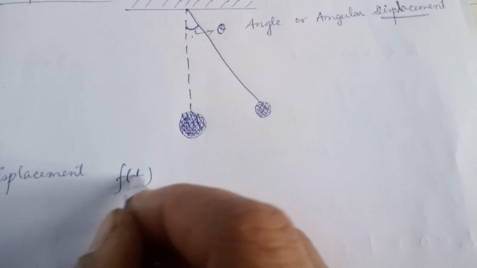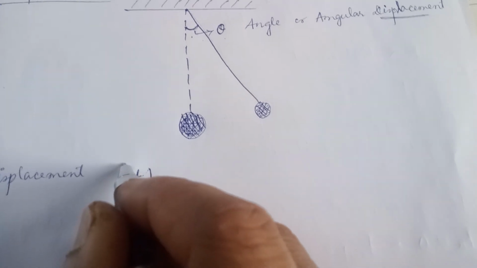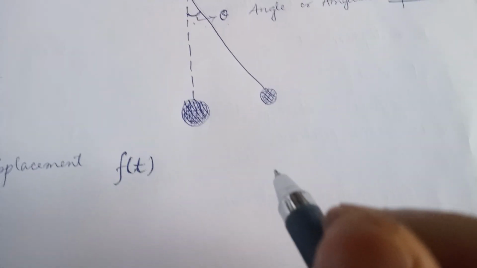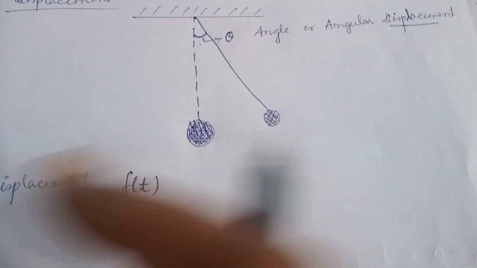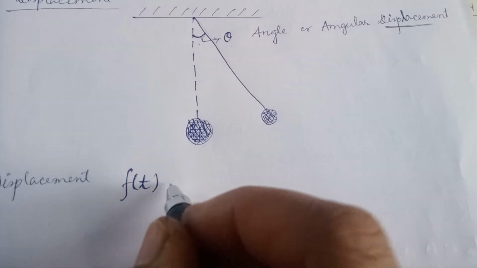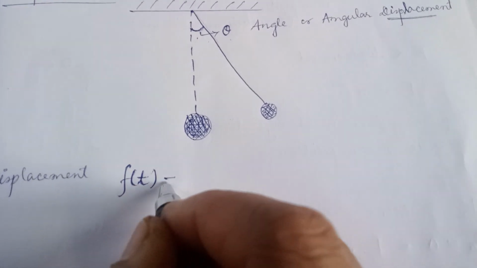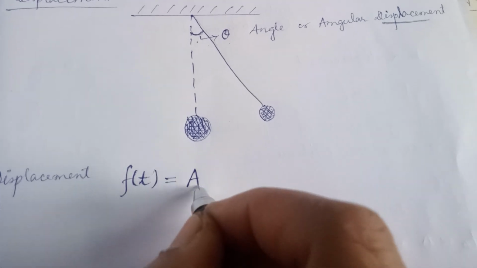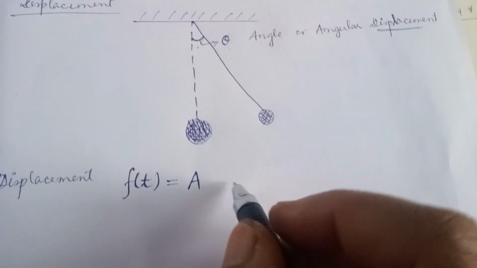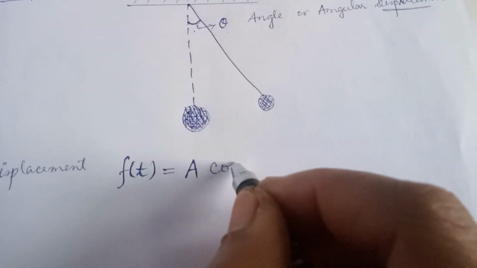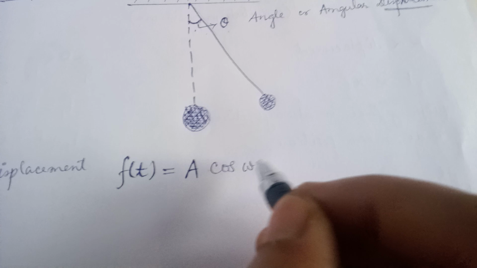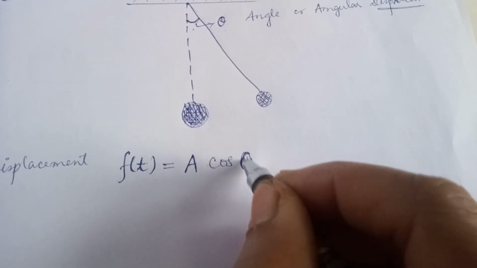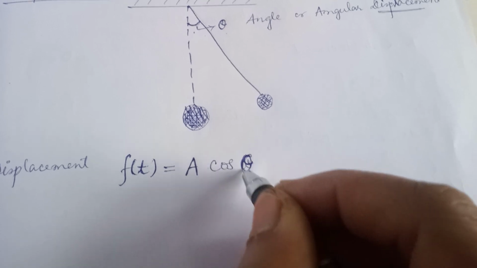Displacement as a function of time for a simple periodic motion. Why am I saying simple periodic motion? Because in simple periodic motion or simple harmonic motion, the motion repeats after regular intervals of time. So the function of displacement can be written as A, a constant value, multiplied by cos of the angular displacement, let it be angle theta.